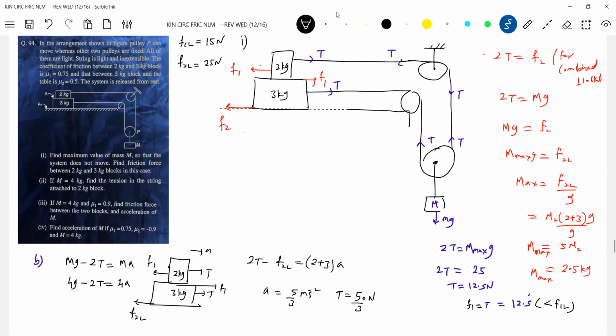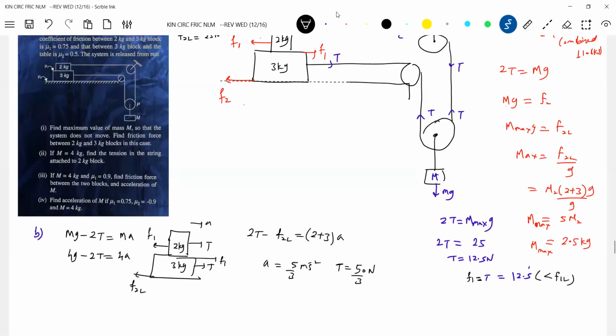Okay, let's check now. I'll write the equation of motion on block 1. So T minus F1 equal to 2a. T value I know, 50 by 3. F1 will be 50 by 3 minus 2 into 5 by 3, that is 50 minus 10 by 3, 40 by 3, which is 13.33 Newton.